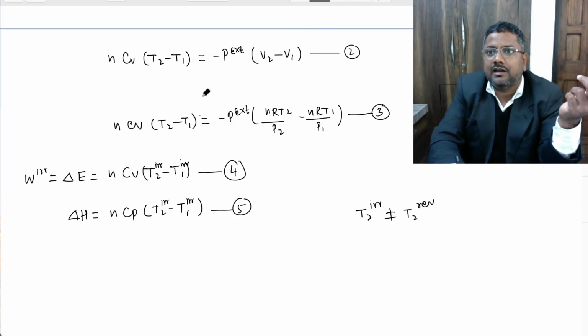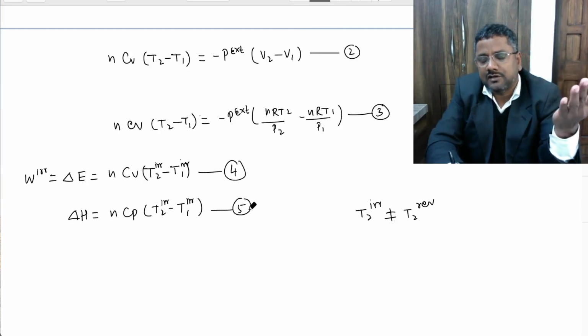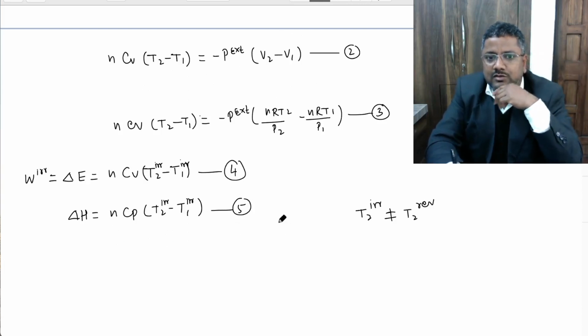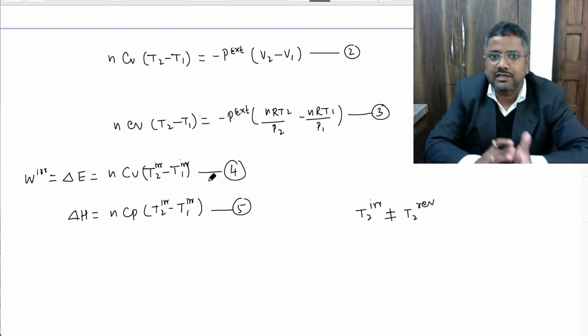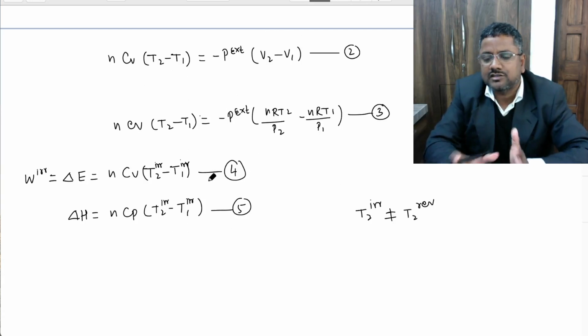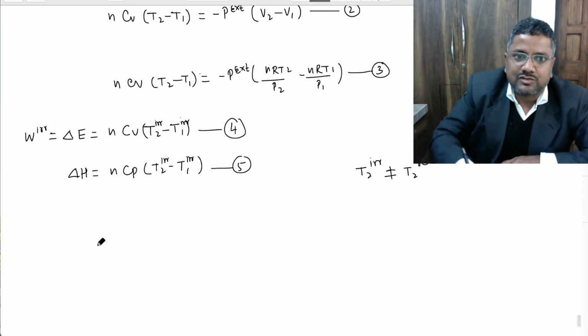Here in irreversible process you have to calculate by this equation, and in case of reversible process you can calculate by that. So this is the calculation of delta H, delta E, work in reversible adiabatic and irreversible adiabatic.